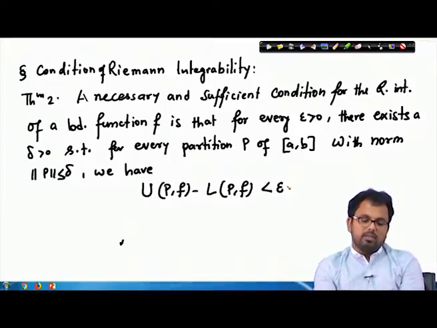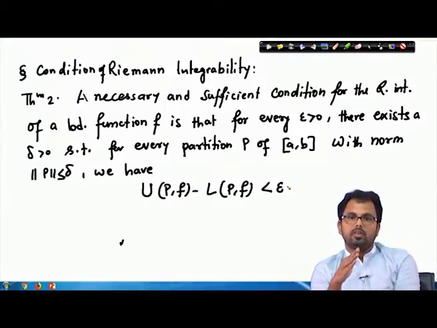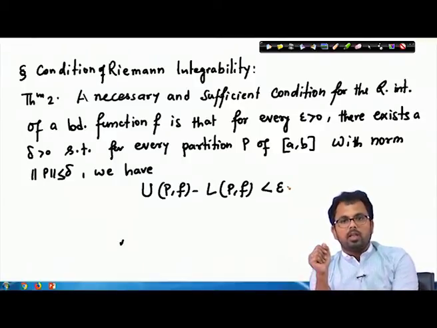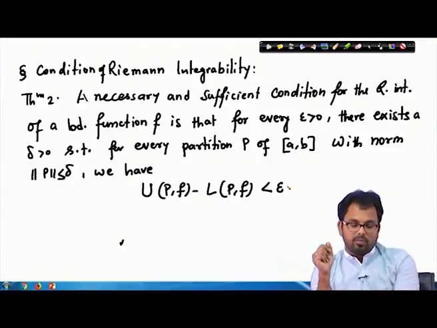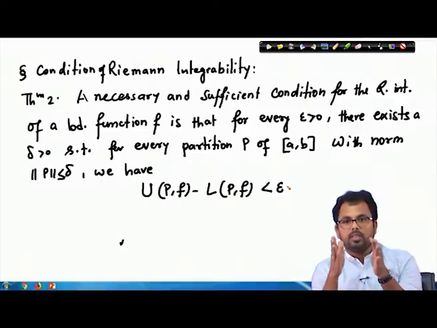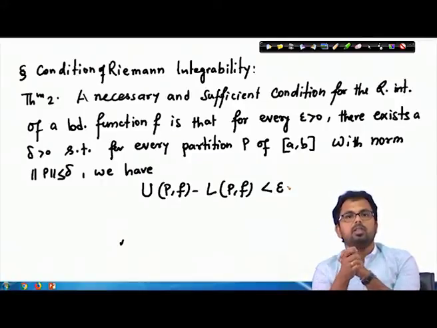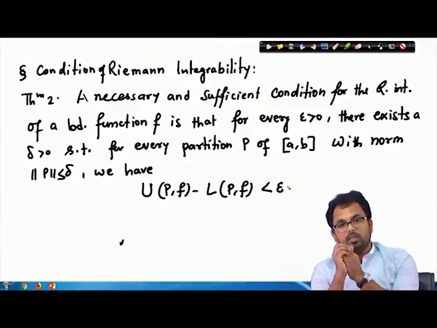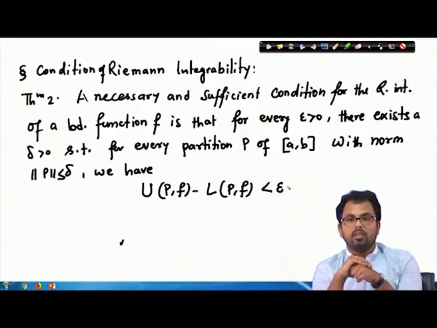This makes sense because if you take the infimum of all the U(P, f) over the partitions P, that will give you the upper integral sum, and if you take the supremum of all such L(P, f), that will give you the lower integral sum. We say that the function is Riemann integrable when the lower integral sum and upper integral sum are the same.